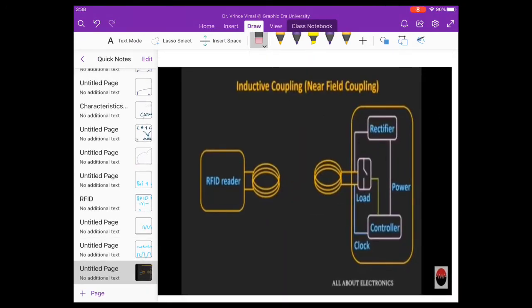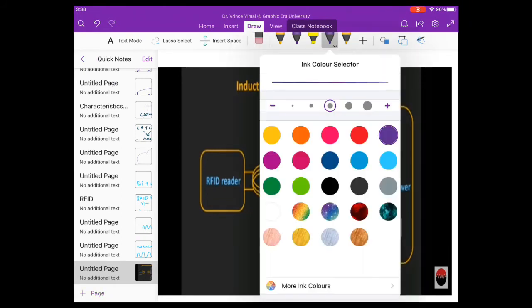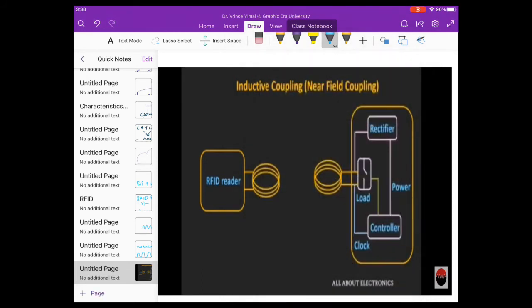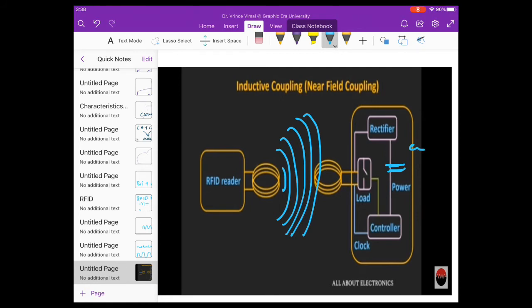Once that signal is amplified, it is transmitted, propagated, and once it comes in contact with the coil of the tag, it gets energized and it powers up. I told you that a tag consists of a capacitor which stores energy, the electromagnetic energy harvesting concept I told you that day.